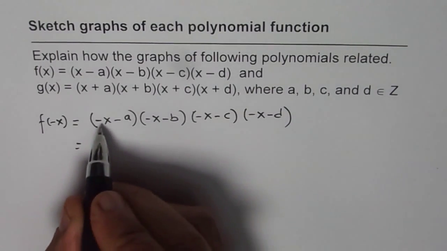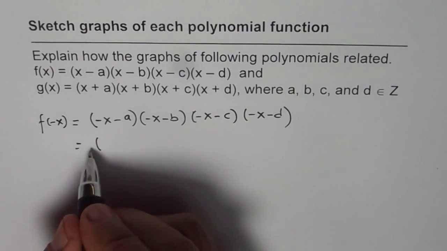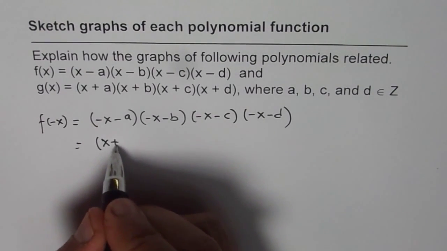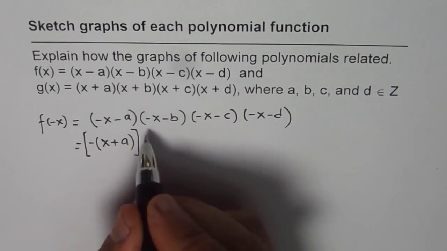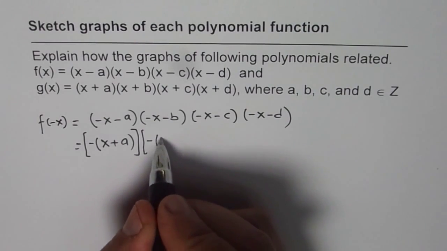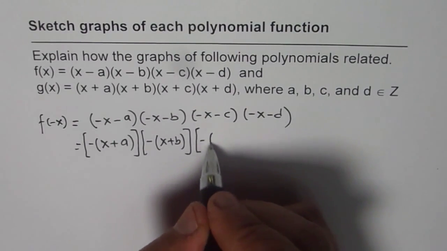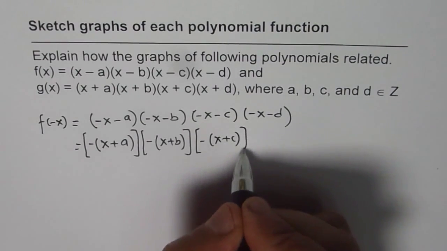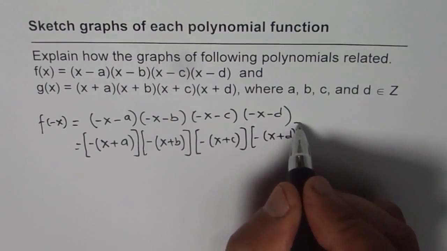Now we can factor minus out. If I factor minus out from the first term, I get x plus a with a negative sign. So that is my first term. From the second term, if I factor negative 1 out, then I get x plus b. Similarly, from the other two, I get x plus c and x plus d, right?